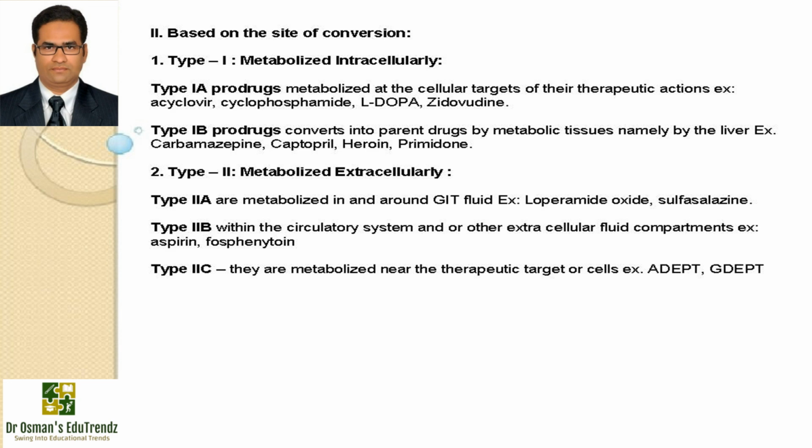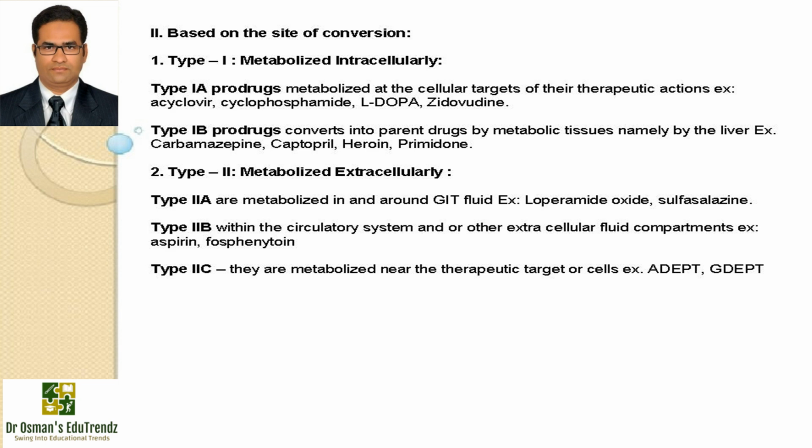We have another category, type 2, which are metabolized extracellularly. In that we have type 2A, which are metabolized in and around gastrointestinal fluid. Examples we have are loperamide oxide and sulfasalazine. We have type 2B products, which are metabolized within the circulatory system and other extracellular fluid compartments.